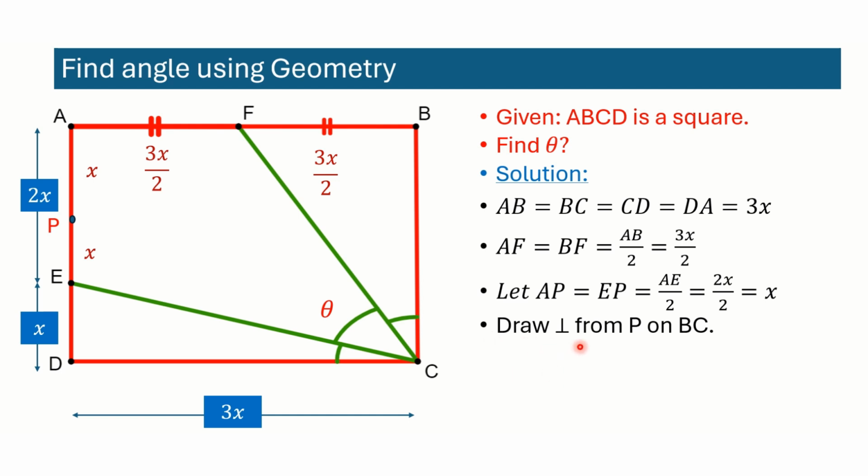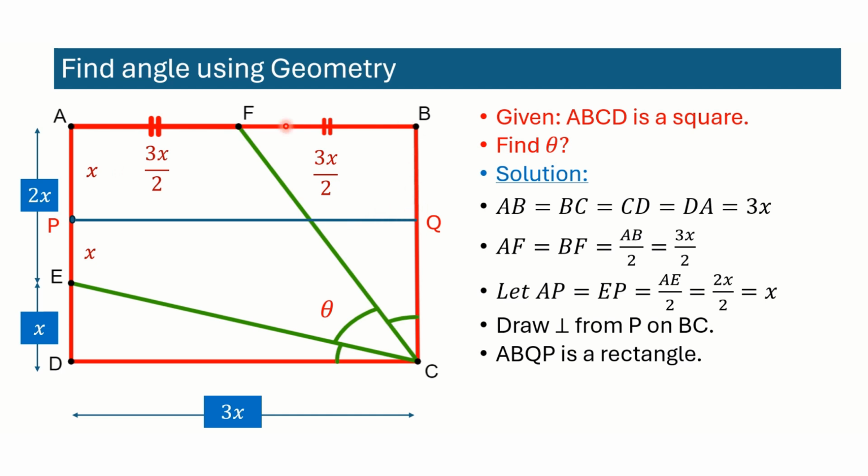Now let us draw a perpendicular from point P on side BC. So now if you see this rectangle, ABQP, this will be a rectangle because this angle is 90, this angle is 90 and this is perpendicular, so this angle will also be 90.